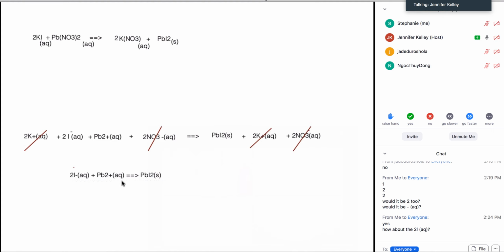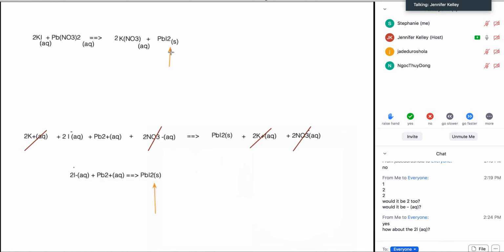There is a shortcut to finding the spectator ions and finding the net ionic equation. The method to do that is search in there on the right-hand side and see if anything is not aqueous. Right? This is not aqueous. So that's going to be our product in the ionic equation.